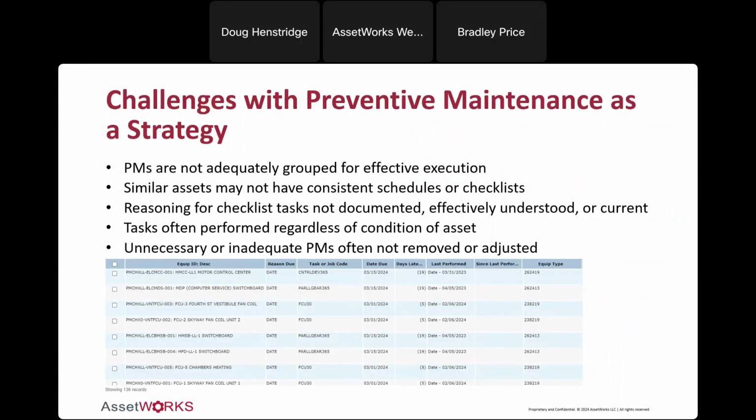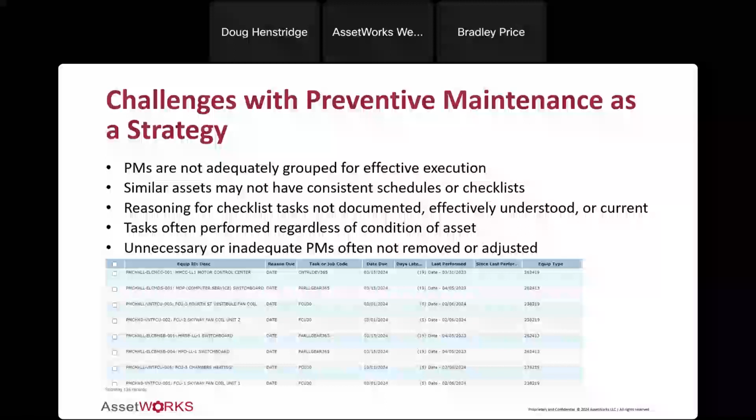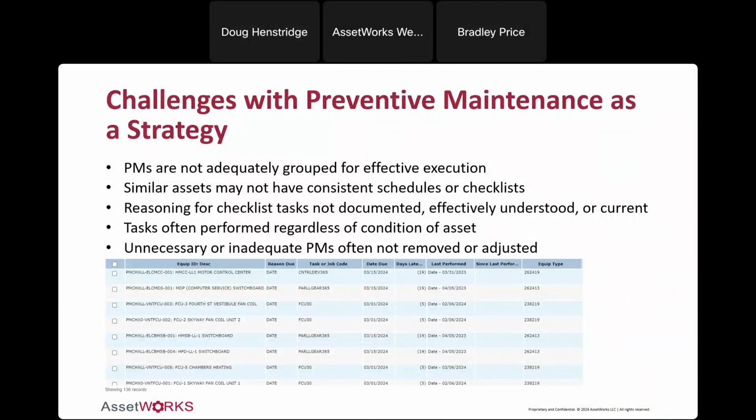And what I mean by that is different groups within the same organization may be maintaining or inspecting similar or same asset types, but they may have their own way of doing things. So one group at one site may inspect their boilers or their heating units using a checklist.